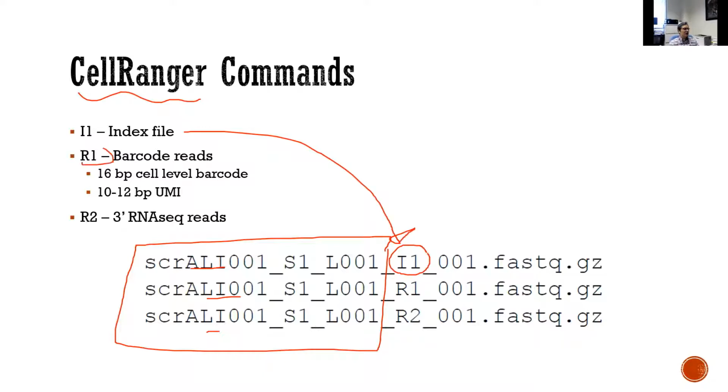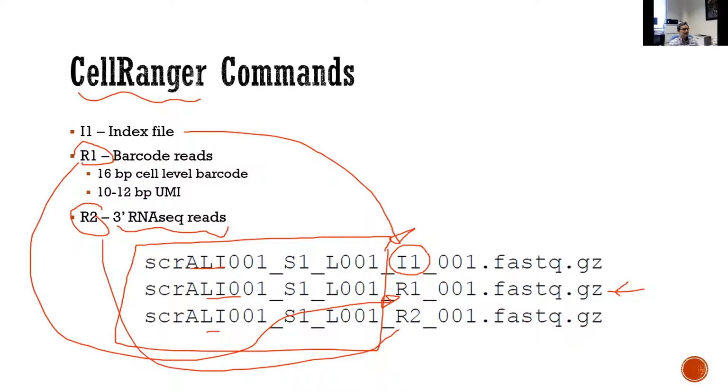And then you have the R1 file. The R1 file will be small because it only has 26 or 28 base pairs per read. This is the barcode reads. And R2 contains the information from mRNA. So those are the 3 input files Cell Ranger will ask for.